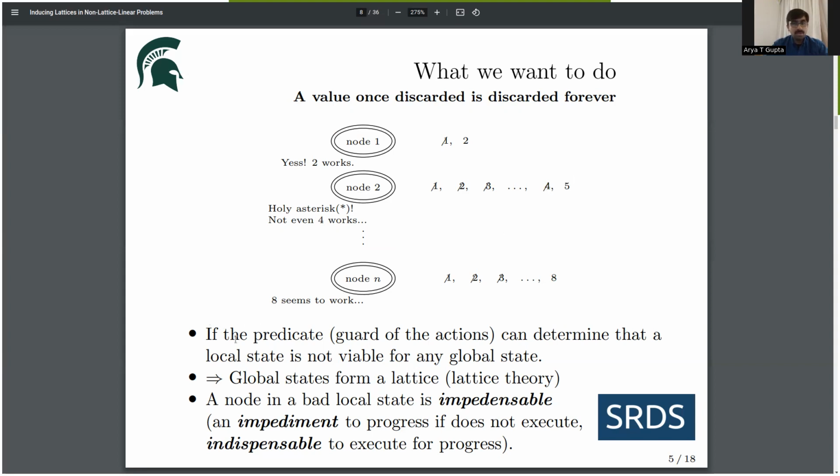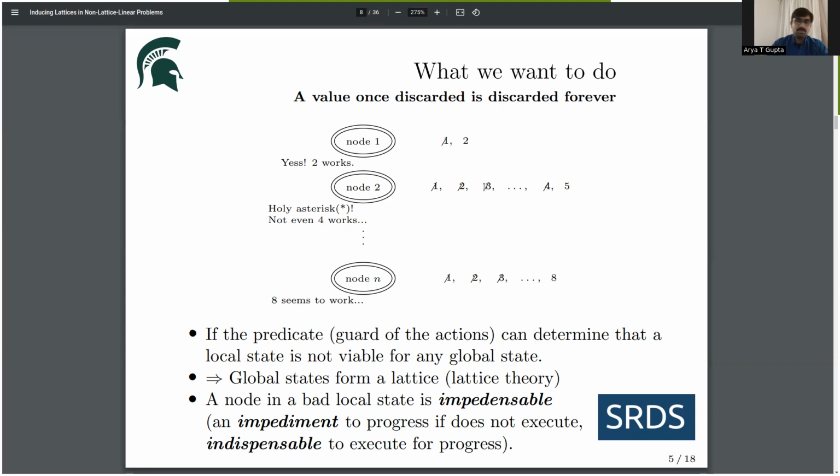If the predicate can determine that a local state is not viable for any global state, then we can allow the nodes to run in asynchrony. Here we see that the local states that individual nodes visit are forming a total order. A total order is being induced because they are able to take such strong decisions.